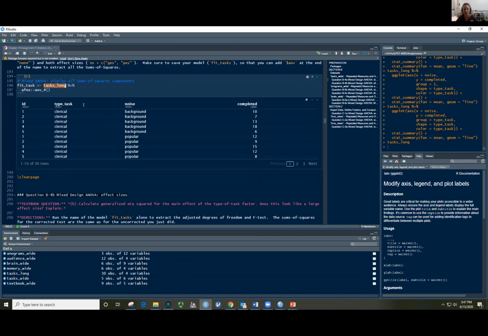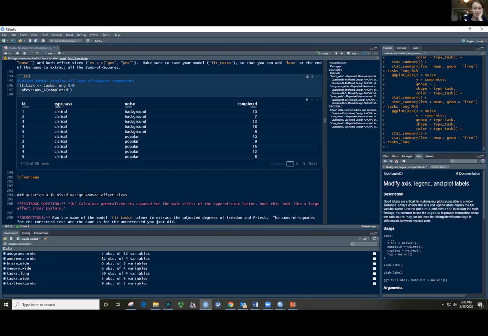What comes first in the afex ANOVA? Continuous variable. Our continuous interval ratio score that we're comparing, which is which variable name? Completed. We're going to use completed, how many tasks they completed. Is it completely continuous? No, it's a whole number, a discrete number, but it's continuous-ish. Then what comes after the name of the dependent variable?